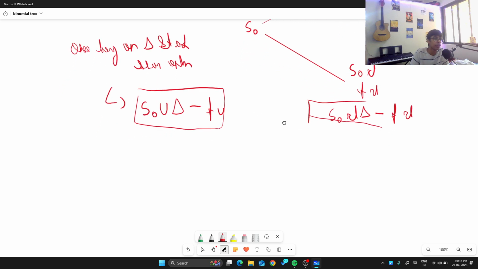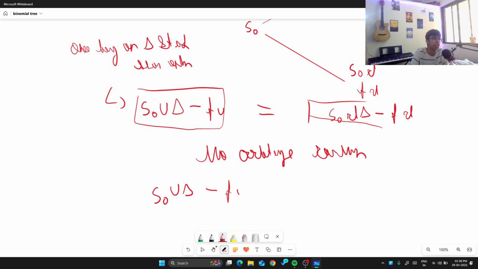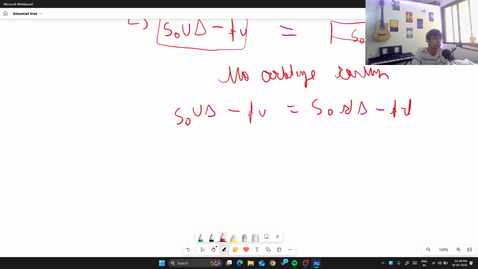And then because of the no arbitrage condition, these should be equal, because our portfolio is riskless. It doesn't matter whether the path is up or down. So S0 u delta minus f_u equals S0 d delta minus f_d. From this we can find the value of delta, (f_u minus f_d) upon (S0 u minus S0 d).